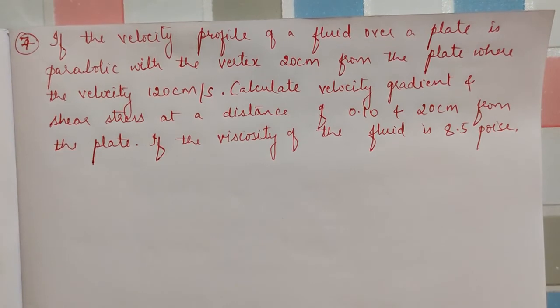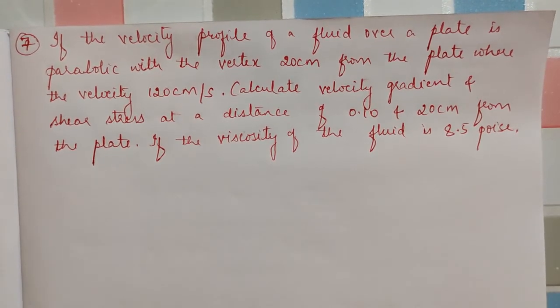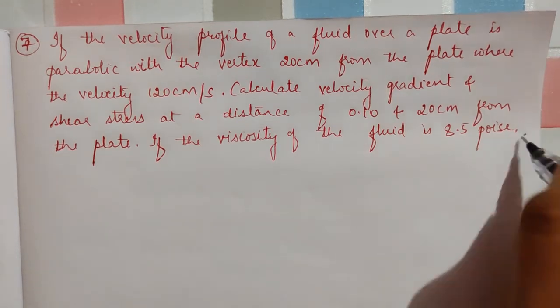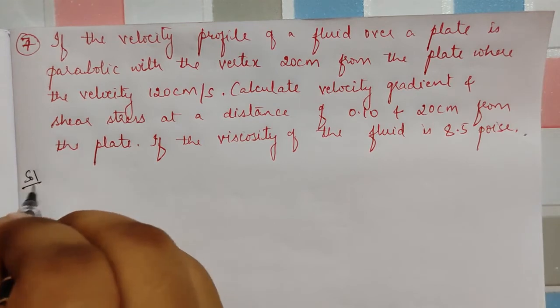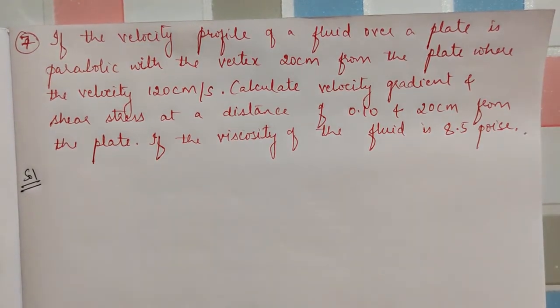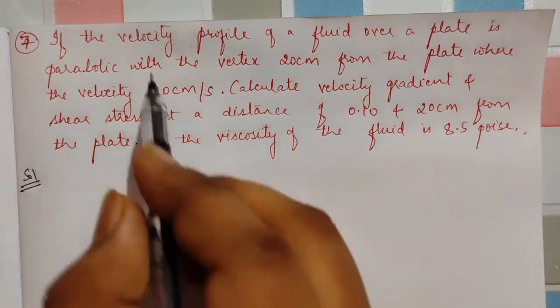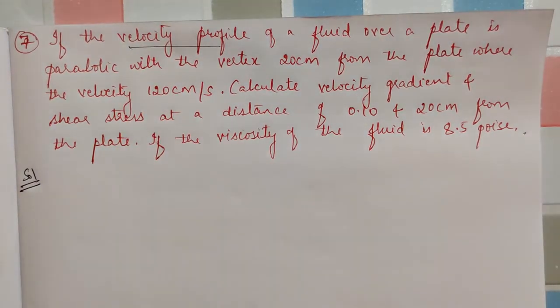So next problem is the 7th one. So important question. Okay, please concentrate. If the velocity profile of a fluid, they are directly giving the profile, they are not telling the equation.